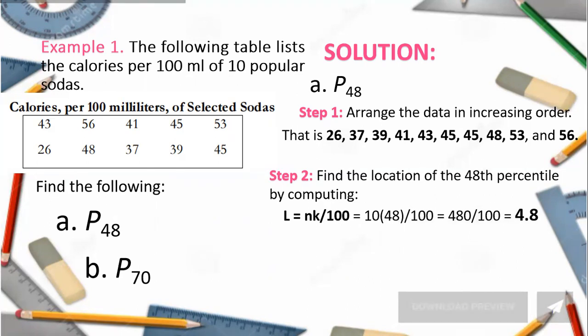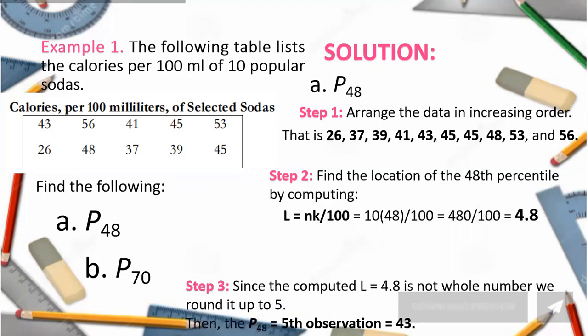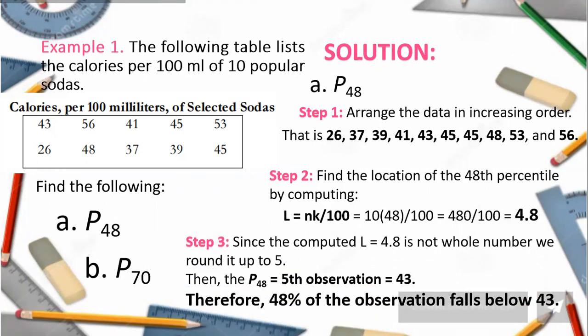Our computed value for L is 4.8, which is not an integer, so we round it up to the next higher integer, which is 5. L stands for location. Therefore, the 48th percentile is the 5th observation in the arranged data set.